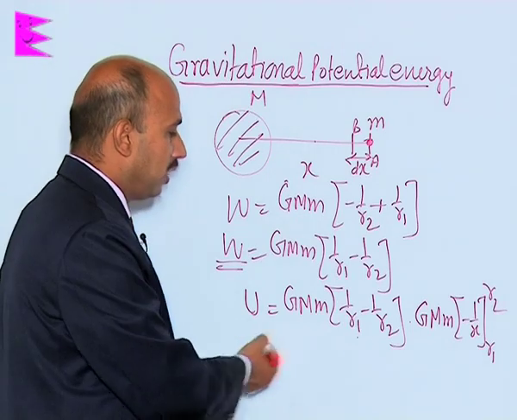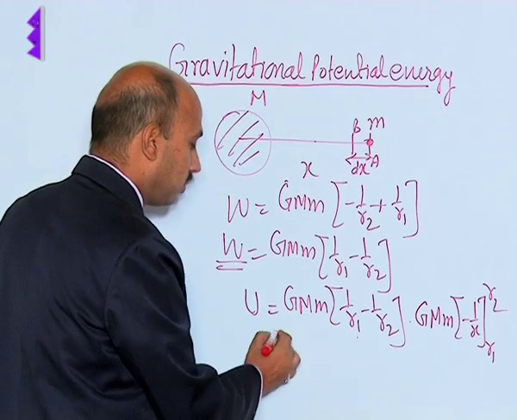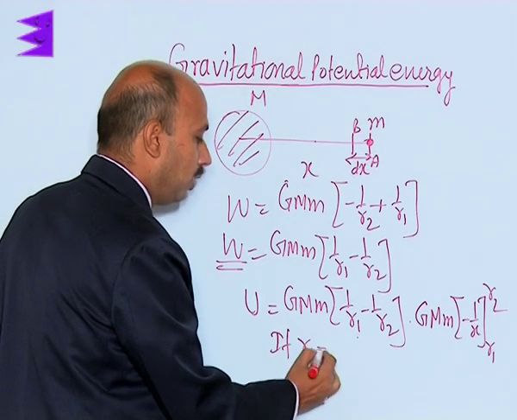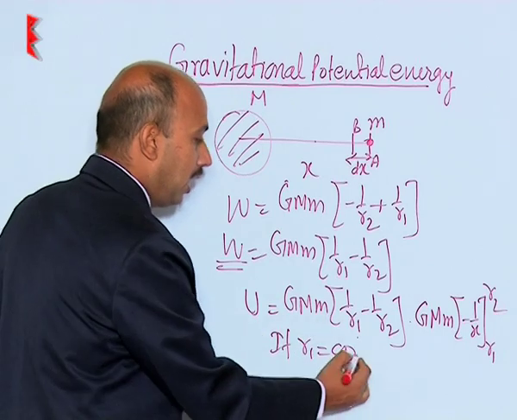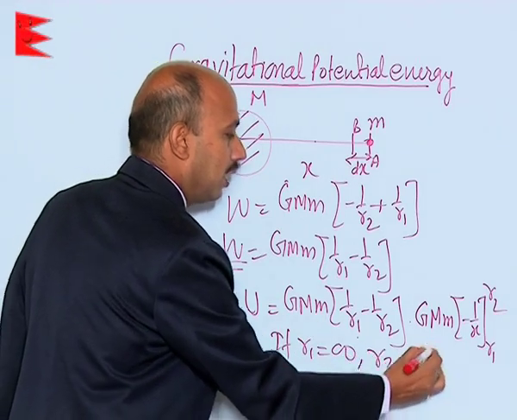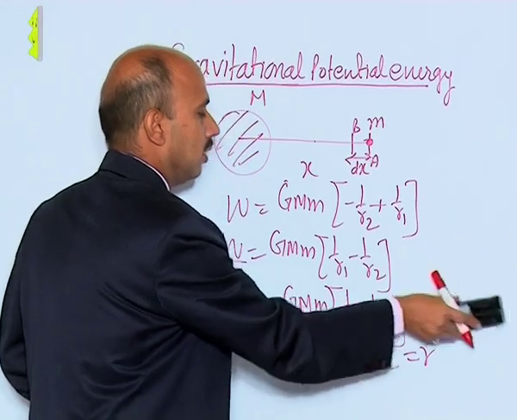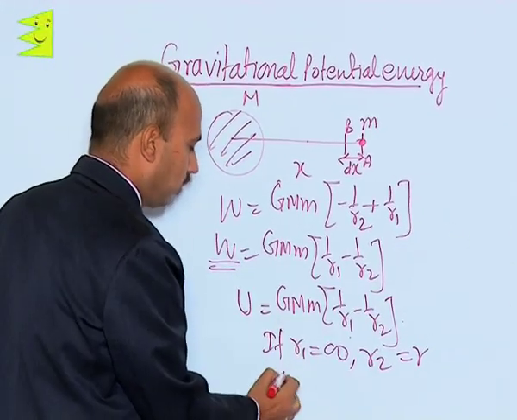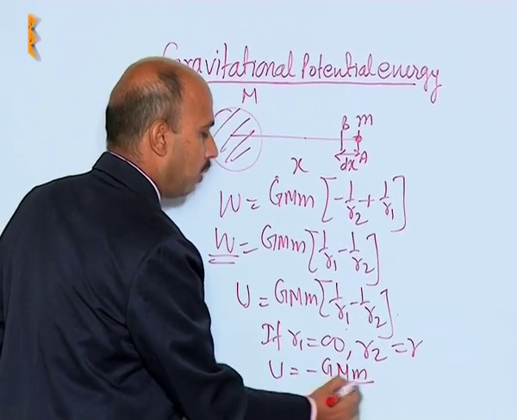So, obviously, this potential energy is negative, and suppose you take R1 equal to infinity and R2 equal to R. In that case, what will be the formula? You will get U is equal to minus GMm upon R.